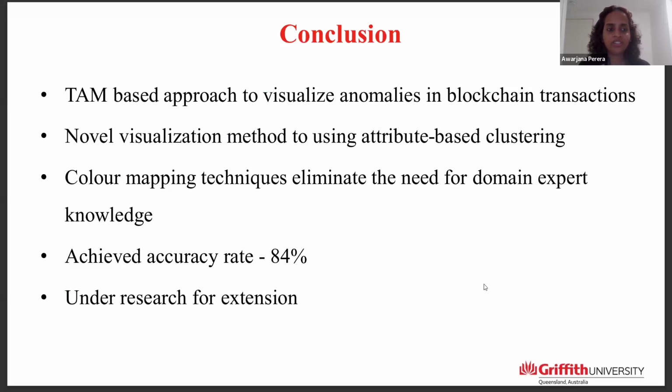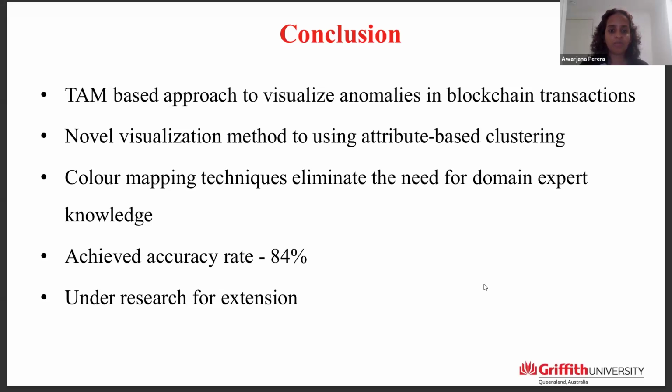And in conclusion, we have introduced a novel approach by using a TAM-based approach to visualize anomalies in blockchain transactions. Due to the color mapping technique and attribute-based clustering in TAM, it provides more insights and clearer visualization in understanding and identifying anomalies in a data set.